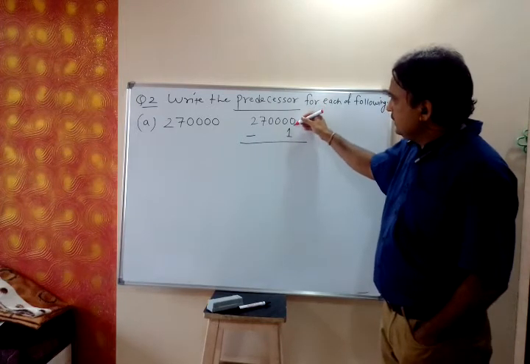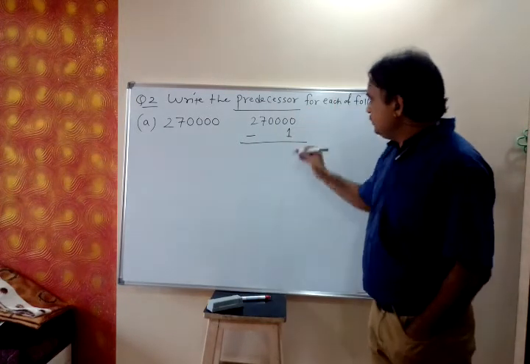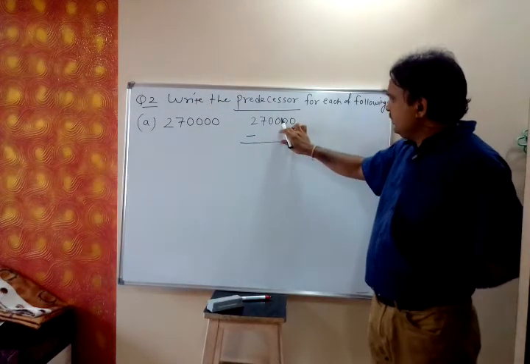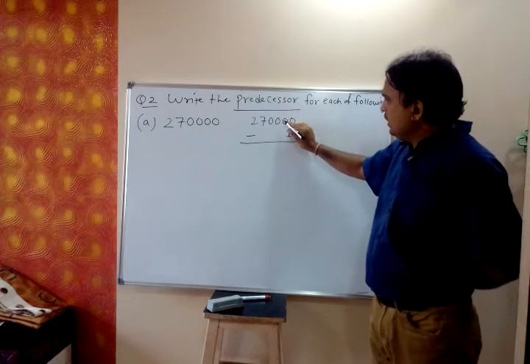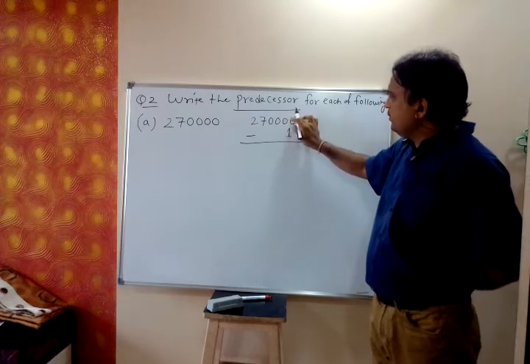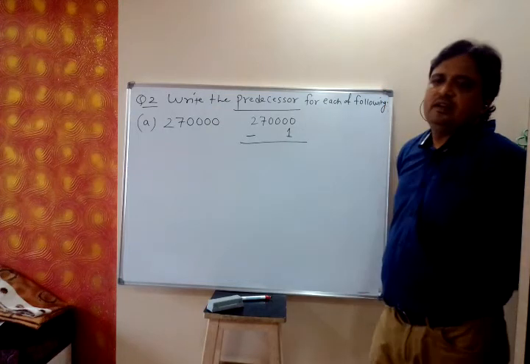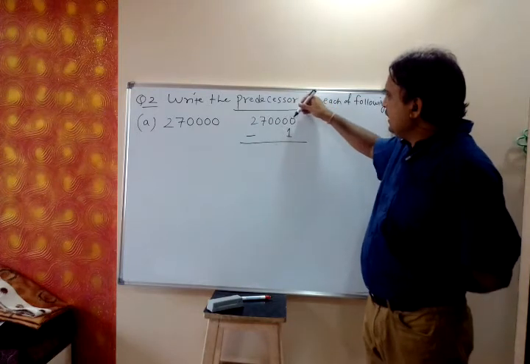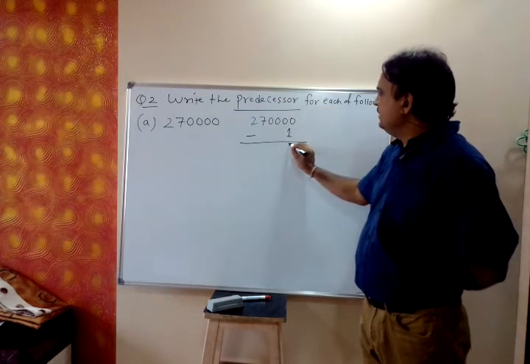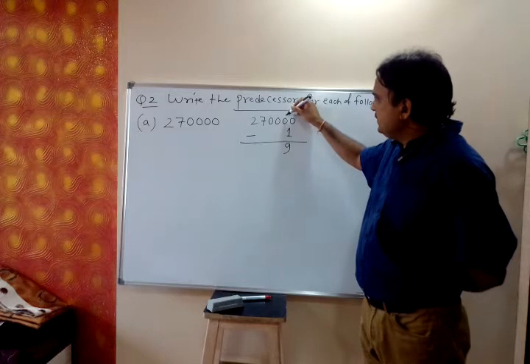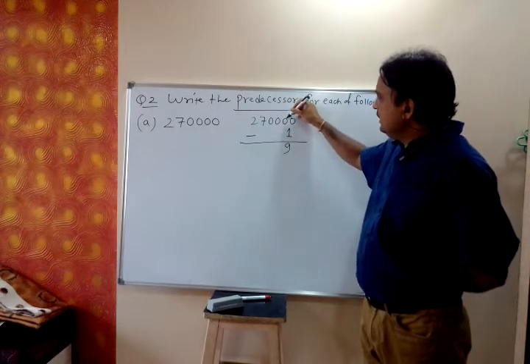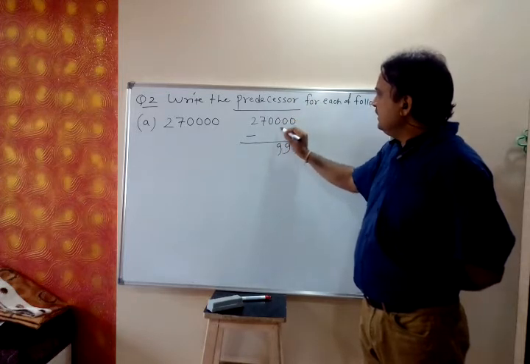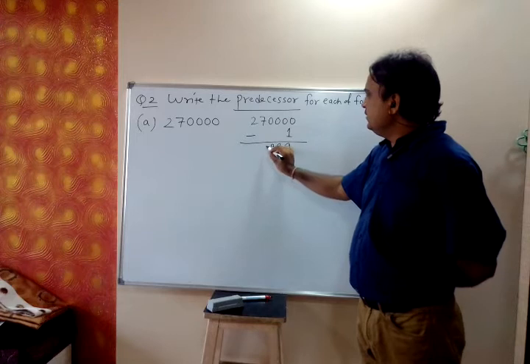This is 0 and this is 1, so this 0 is smaller, I will borrow 1. 10 minus 1, 9, then 9 is left. 9 minus 0, 9, 9 minus 0, 9, 9 minus 0, 9.